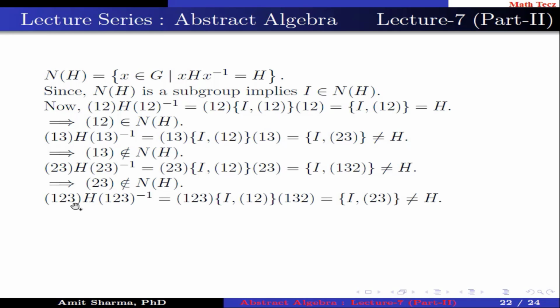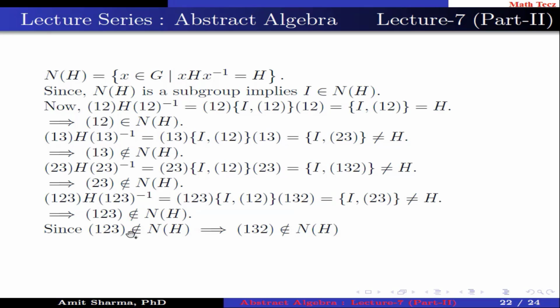The product of (1 2 3) H and (1 2 3) inverse is equal to identity and (2 3), that does not equal to H, implies (1 2 3) does not belong to N(H). Since (1 2 3) does not belong to N(H), implies (1 3 2) does not belong to N(H) because N(H) is a subgroup. Therefore, the normalizer of H is identity and (1 2).